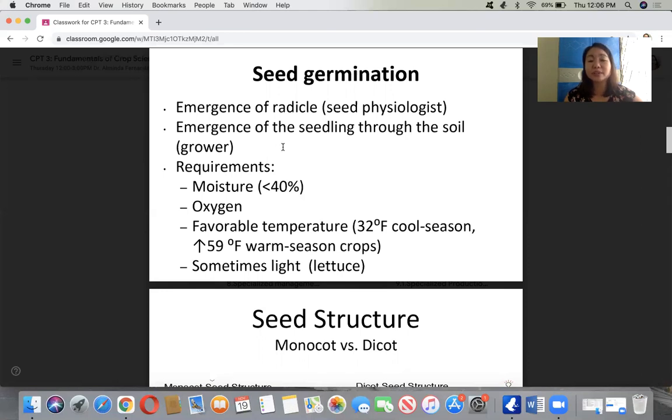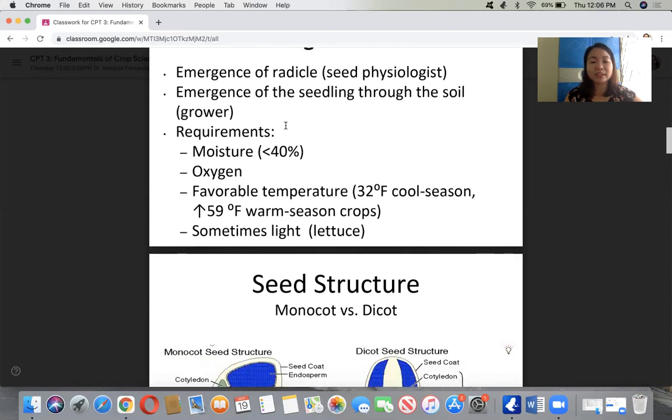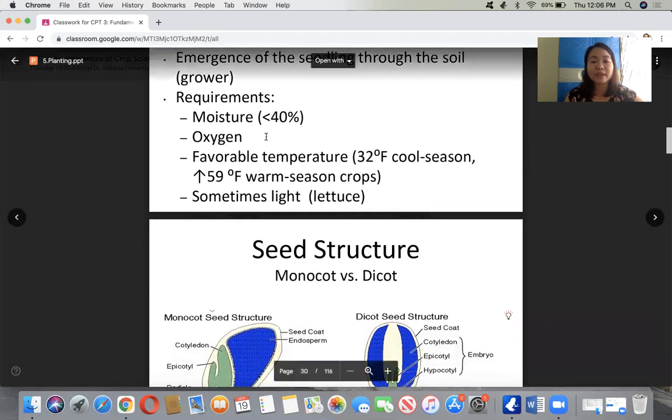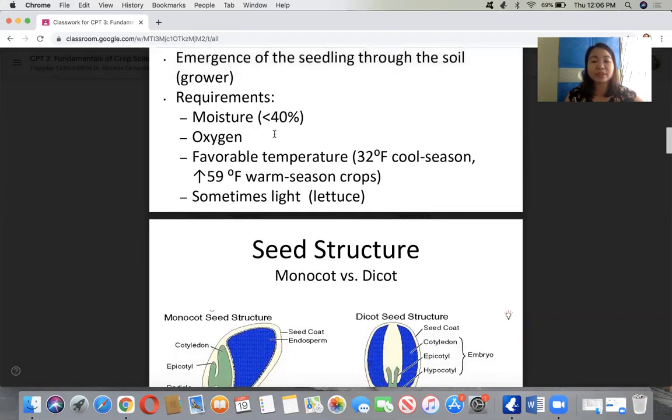In order to facilitate seed germination, there are requirements. It should have a moisture content of greater than 40%, oxygen, of course, and a favorable temperature of 32°F for cool season crops, and even higher than 59°F for warm season crops.